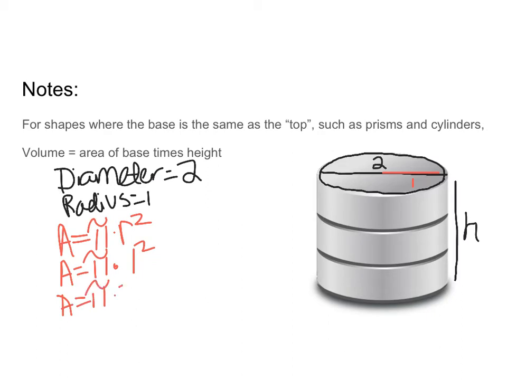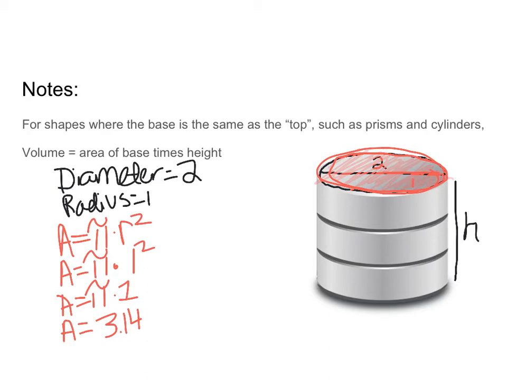So pi times 1, so the area would equal approximately 3.14. So that's the area of the base of the cylinder, this whole thing. I'll shade it in for us. We're just talking about that space, that area.